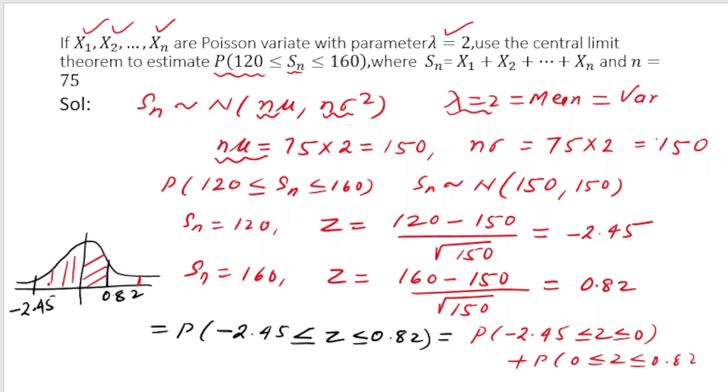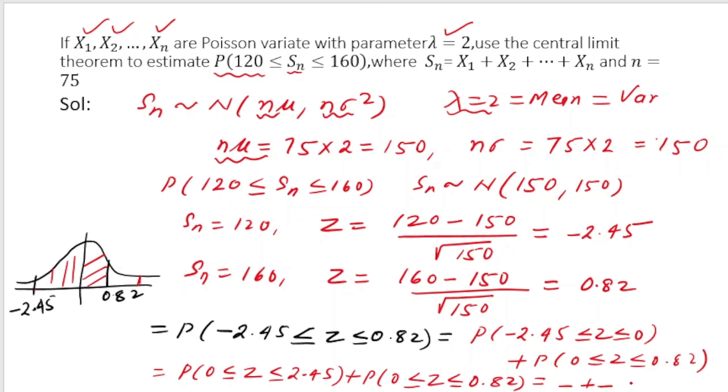And if I have to calculate the probability from minus 2.45 to 0, this will be equal to the probability from 0 to 2.45, right? Because the normal distribution curve is symmetrical, plus the probability from Z 0 to 0.82. So I just want you to look into the table and decide what this value will be.